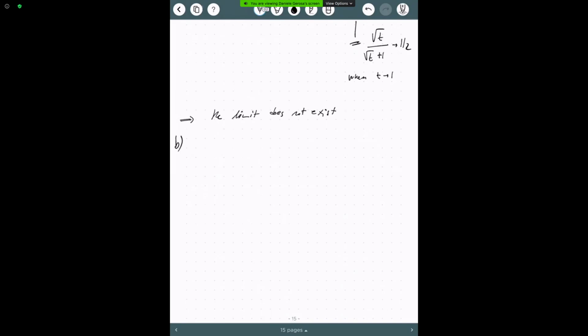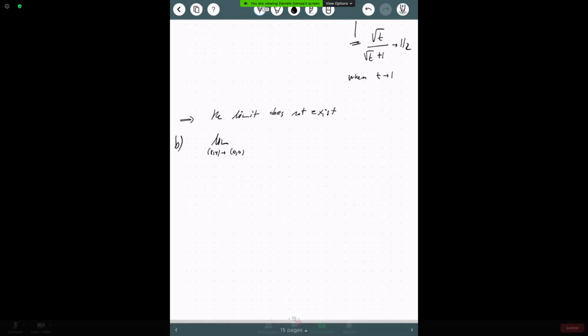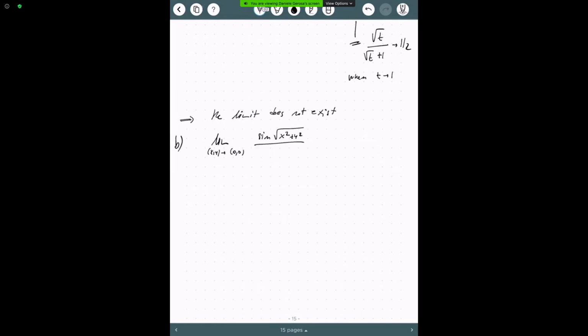There is a number b also. Compute the limit for (x, y) going to (0, 0) of sine of the square root of x² plus y², divided by the square root of x² plus y². Now here the solution is obvious because we can use polar coordinates.